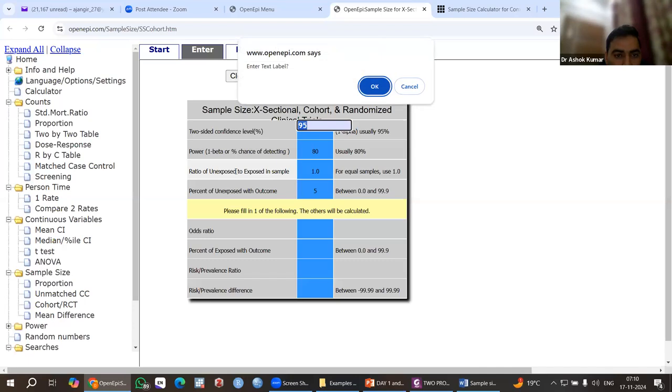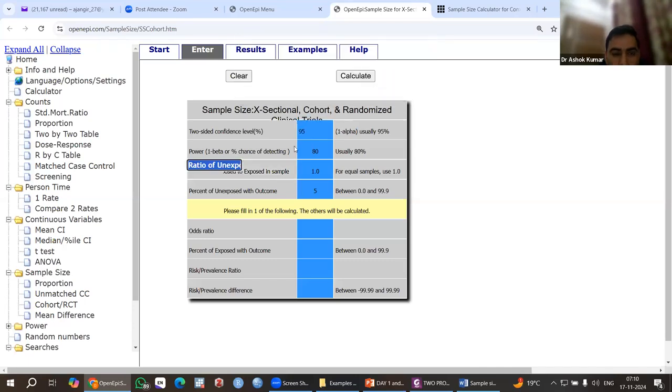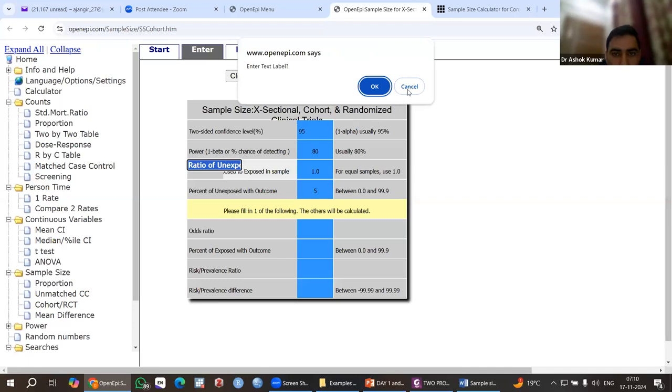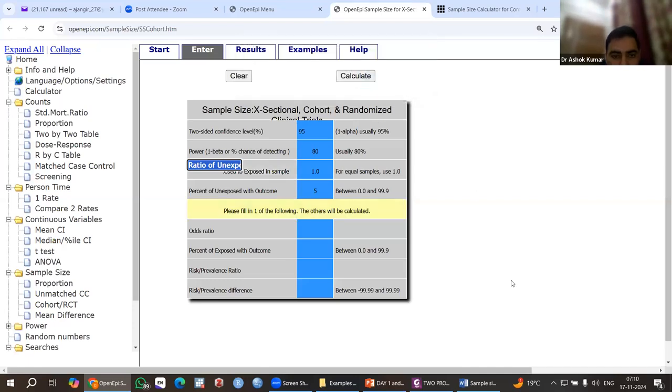Please remember, unexposed means control group and exposed means intervention group. We are exposing the subjects to the intervention. It is always 1 for equal samples.